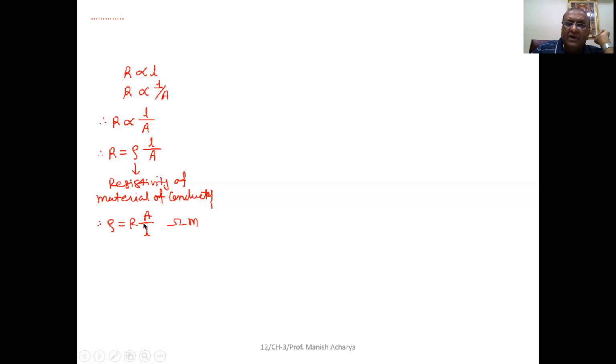Then per unit length of the conductor, whatever the resistance is, that is called its resistivity. So for a conductor having unit cross-sectional area, the resistance per unit length of the conductor is called the resistivity of the material of the conductor. Clear?